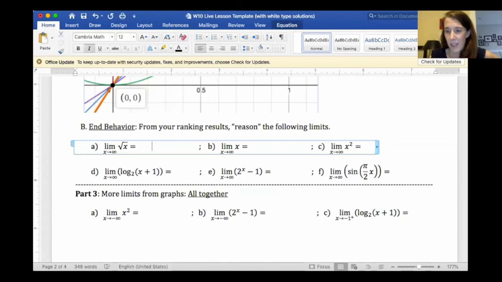Nikki, you want to give it a shot? What's happening to root x as x gets larger and larger and larger, the limit? It's going towards infinity, like positive infinity. Yeah. It sure is. Well done.